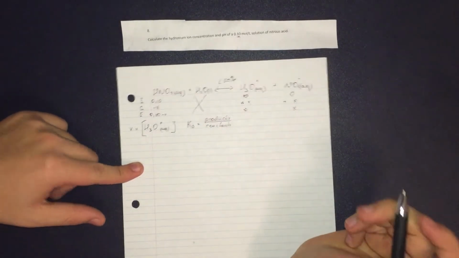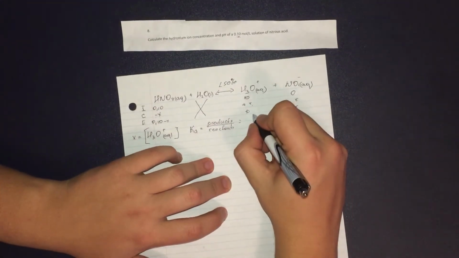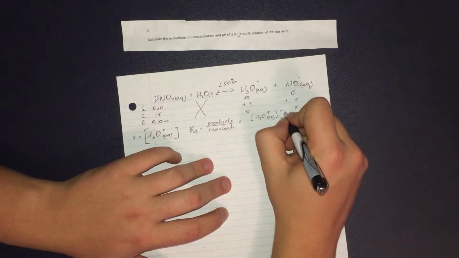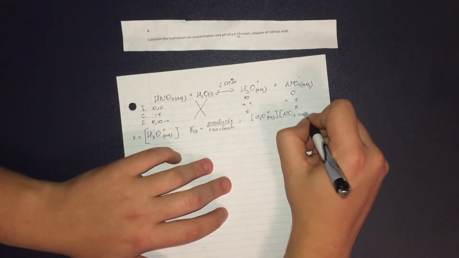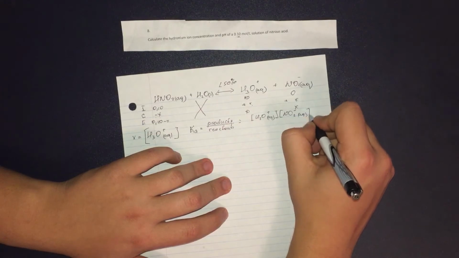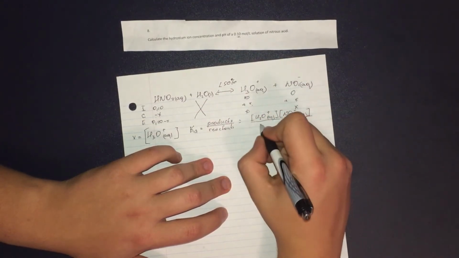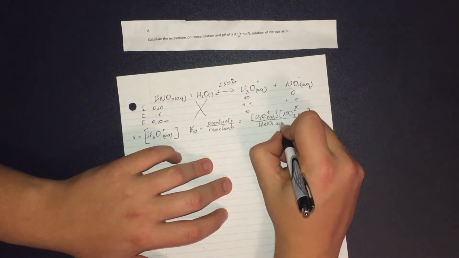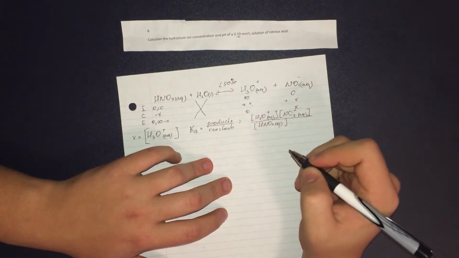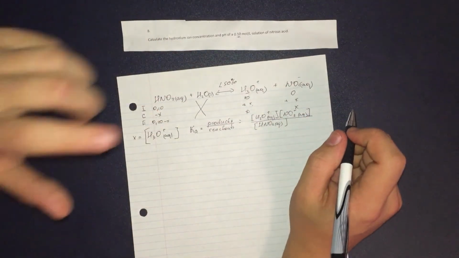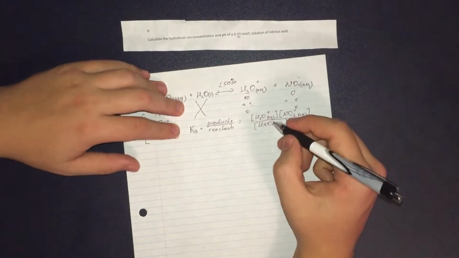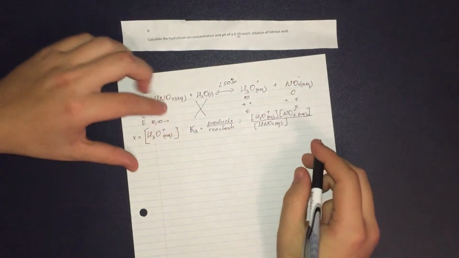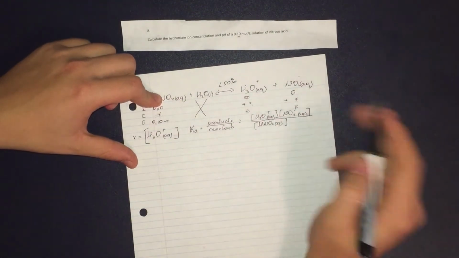That means H3O positive aqueous times NO2 aqueous negative, divided by HNO2 aqueous. And nothing else, because in our K expression at equilibrium, in Ka we do not use two states, liquid and solid. And over here, just put everything we have.